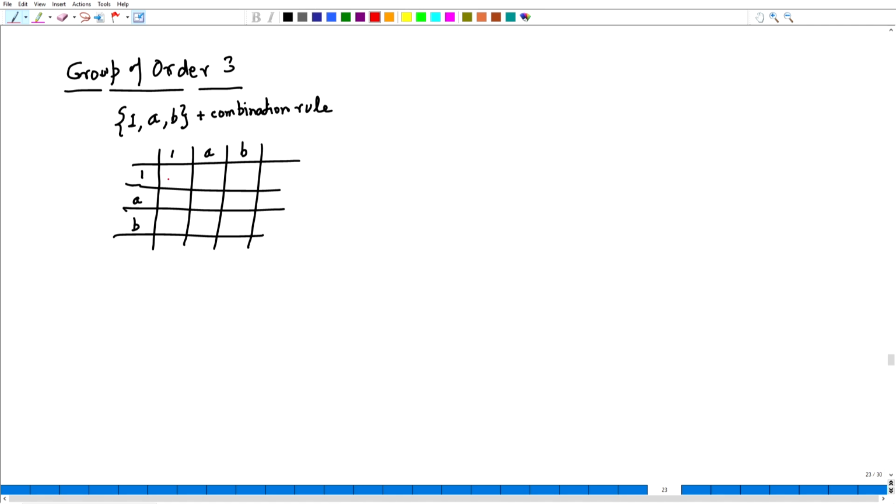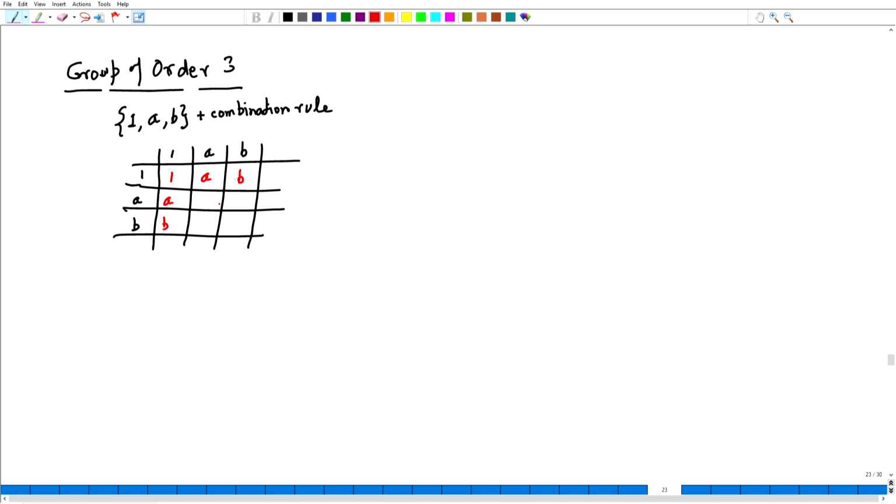Identity followed by an identity would be identity. Element A followed by identity will be A, and so on. This will be B. Same thing happens in the column. This time identity followed by element A would be A, and then the next one would be B.